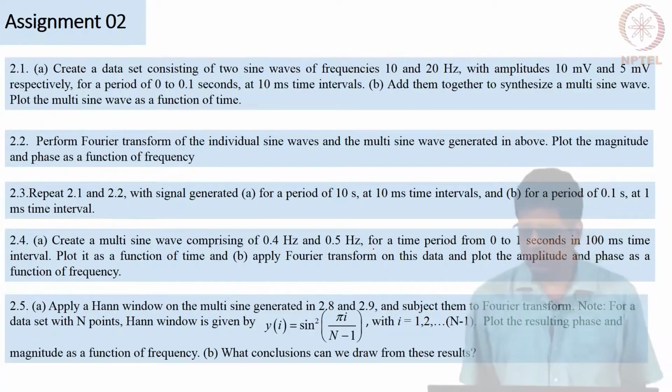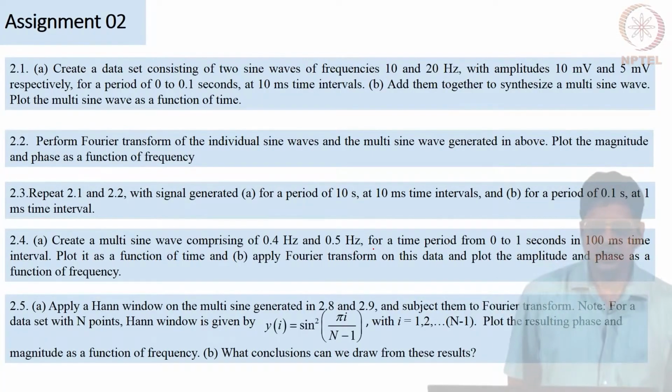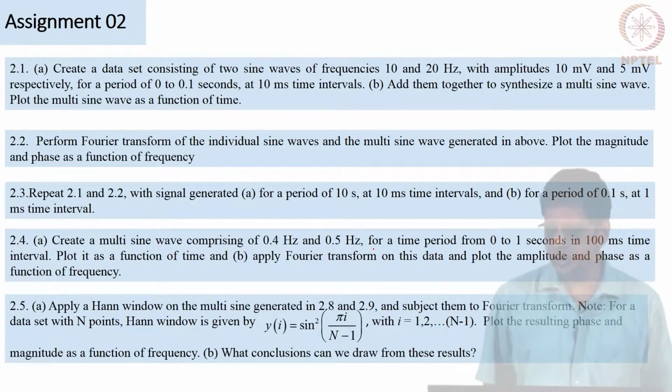In another part, I have increased the time resolution, or decreased the time interval, but the total time period is kept at 0.1 second, the same as the original first case. So, if I increase the duration and do FFT, what do I expect to see? If I increase the frequency of sampling and then do the FFT, what do I expect to see?